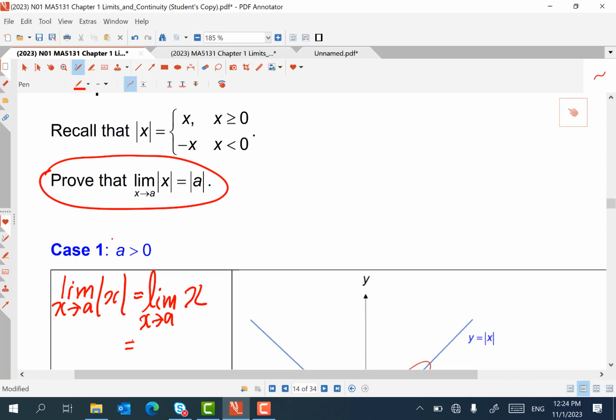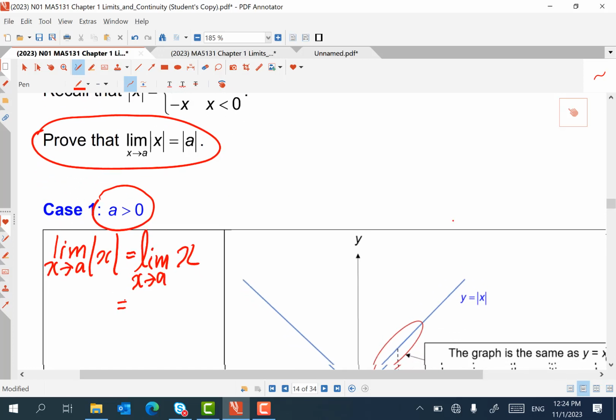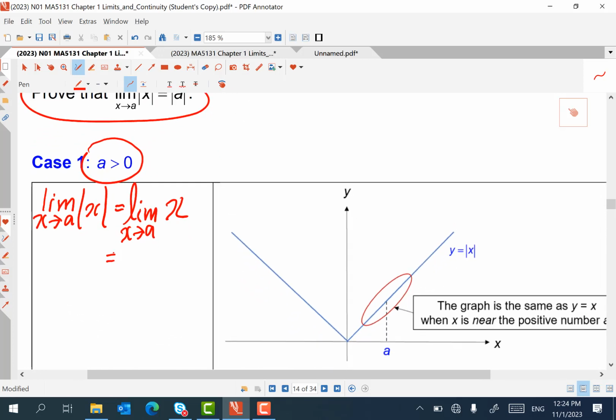When a is positive, why I have written that thinking? Because when a is gone. Okay.